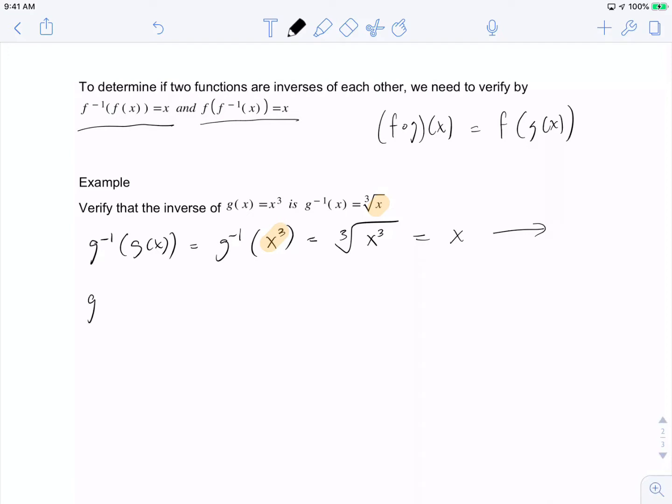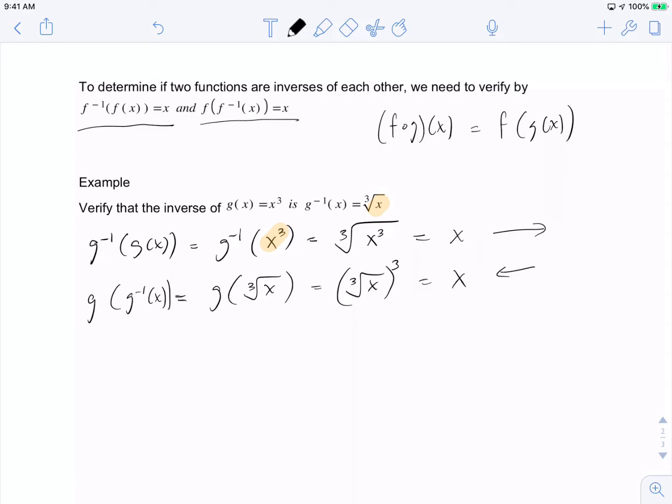So the other direction would be g of g inverse of x, and that's equal to g of the cube root of x, which would then be the cube root of x raised to the third, and that again would be x, and that's showing it the other way.